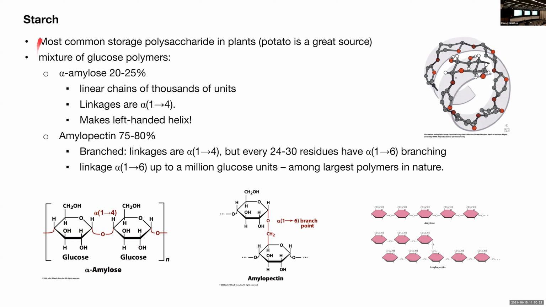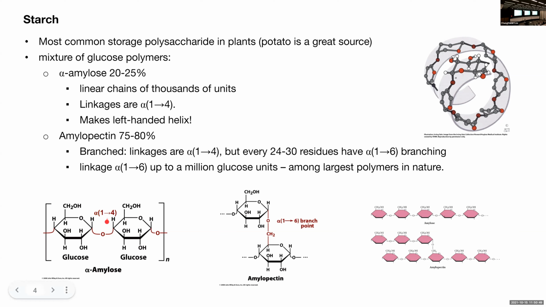And when you look at the starch, actually, it is a mixture of glucose polymers, and there are 20 to 25% of alpha amylose. And here's a structure of the alpha amylose, where you have multiple glucose units, and it has the alpha 1 to 4 linkage. And as you know, alpha tells us the anomer.